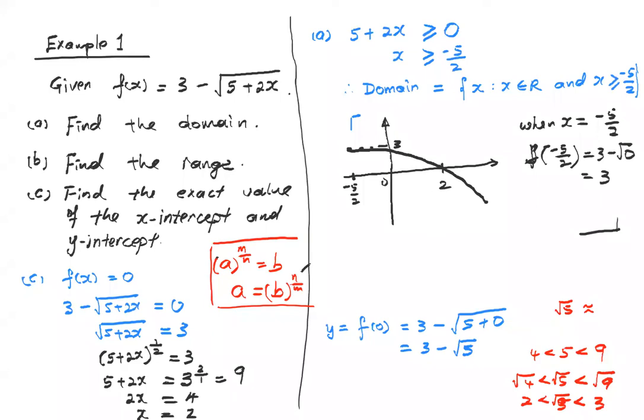So therefore, this will be a positive value here. Right? So we know that the x-intercept is 2. The y-intercept is 3 minus root 5. I cannot use a calculator and count because the question asks for the exact value. So be very careful.